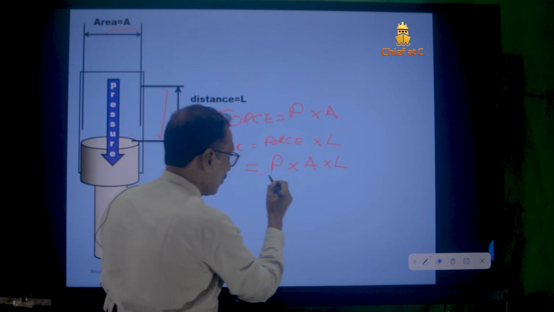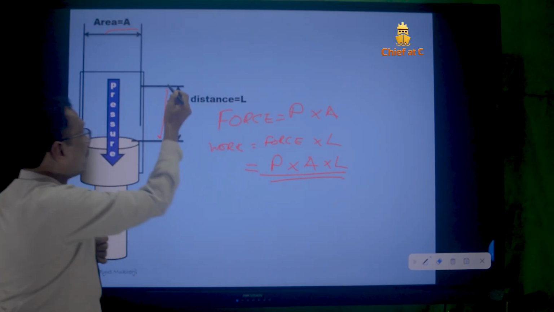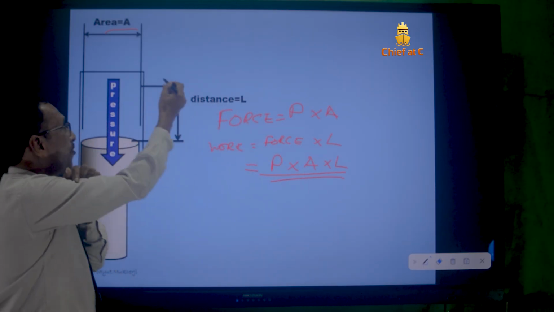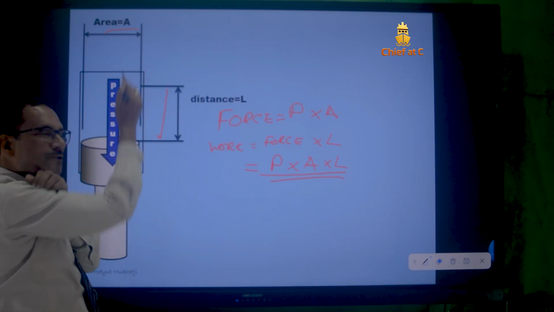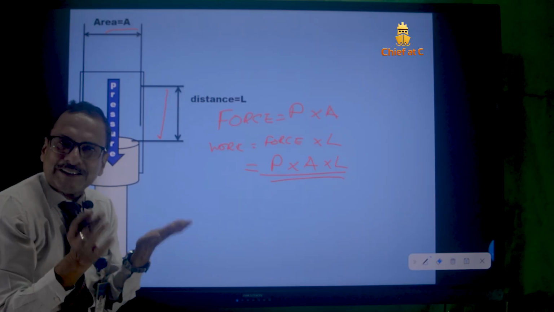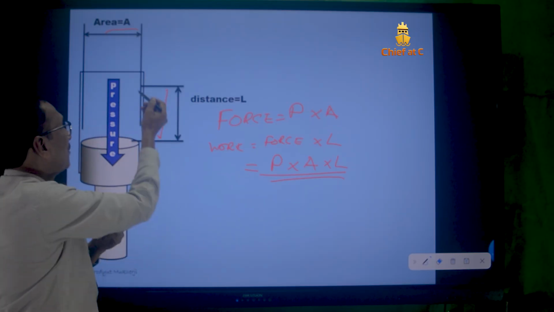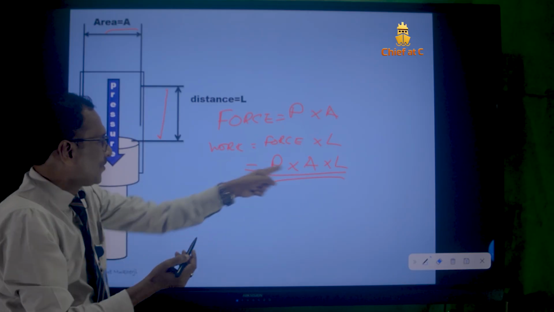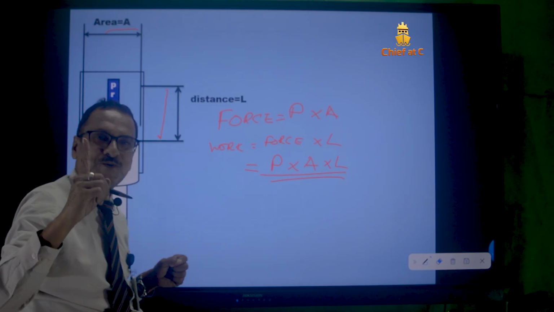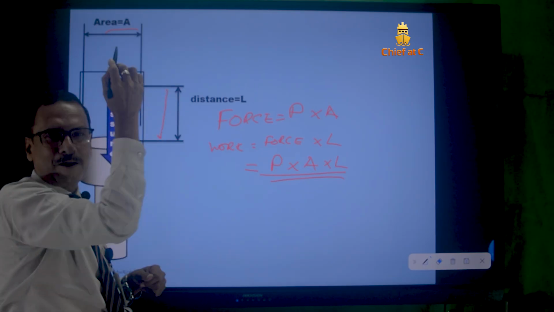This is the work done when the piston moves once from top to bottom and again from bottom to top, because from bottom to top it is not doing any work. The only work being done is when the piston is moving from top to bottom. So this is the work done when the piston moves once down and up.